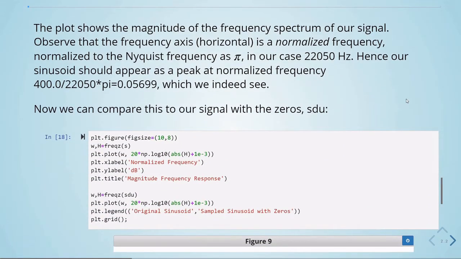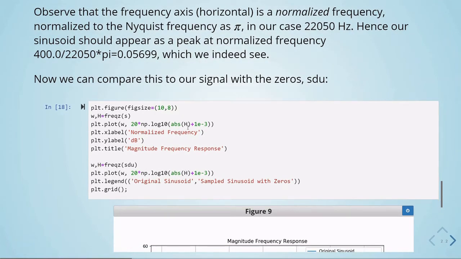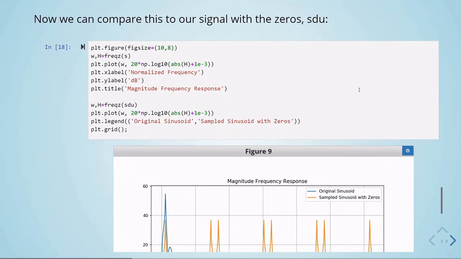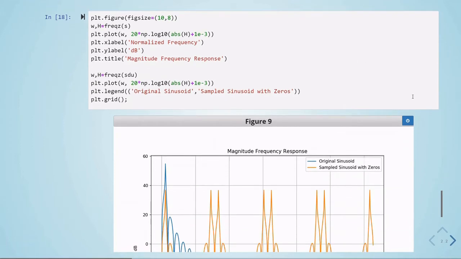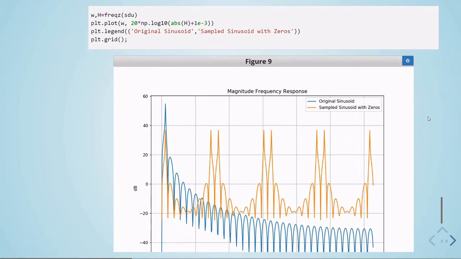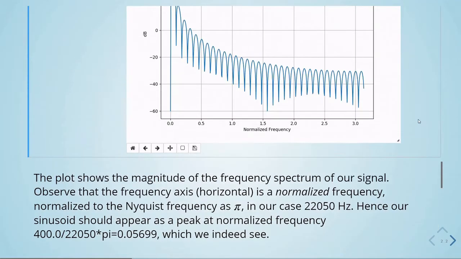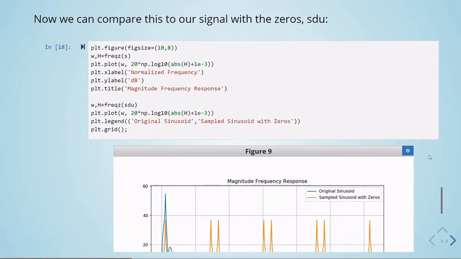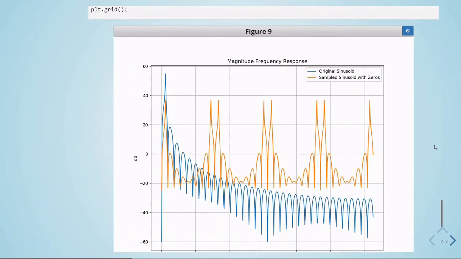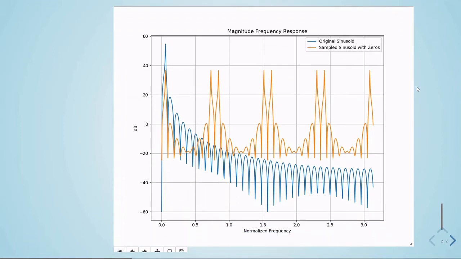And now we can compare this to our signal with the zeros, so it's the SDU, and what we are plotting here is the normalized frequency and the magnitude frequency response of the original sinusoid and the sinusoid with zeros. So in blue we have the original, so it's the same as this one here, but now we have this downsampled version with the zeros on, and we have this one in orange.